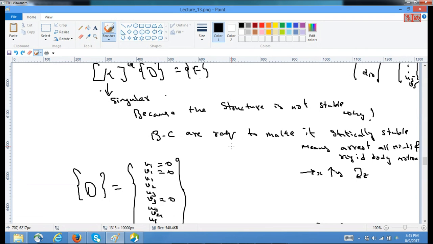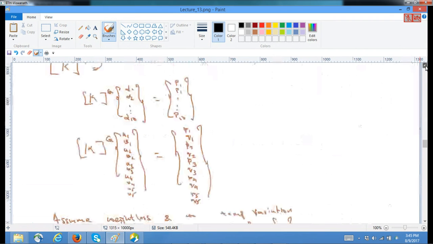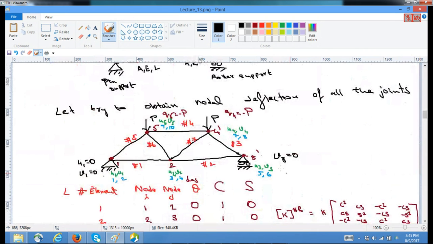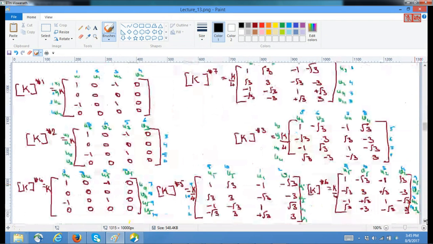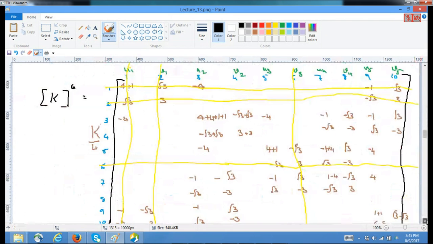Let me show the picture once again. So here my x is constrained, so u1 is equal to 0. My y is constrained, so my v1 is equal to 0. Here, since it is on the roller, it can move along the x direction, but it cannot move along the vertical direction. So v3 is equal to 0, not u3.